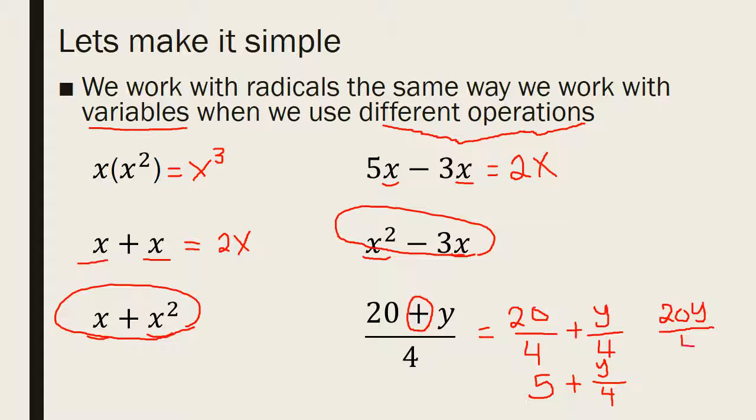This expression cannot be broken down into this, because this is one term divided by another term. 20 divided by 4 is 5, which means the final answer is 5y. So pay attention. You can break down the fraction into two parts only if you have addition or subtraction in between in the top expression.